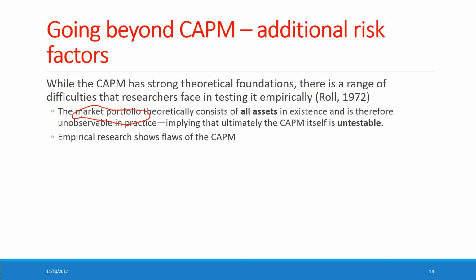And therefore, the CAPM model itself is untestable, right? And this explains why a lot of the empirical studies trying to validate the CAPM model don't find support for it, right? So what it means is that when we try to fit the CAPM model into historical data, we find that it doesn't explain a lot of the variations in the returns.